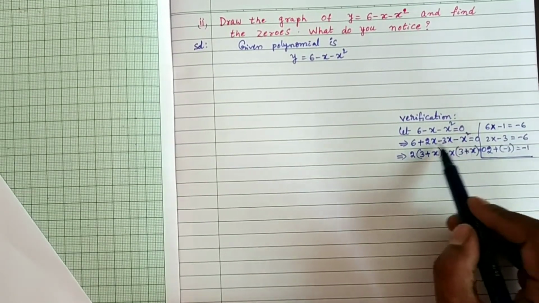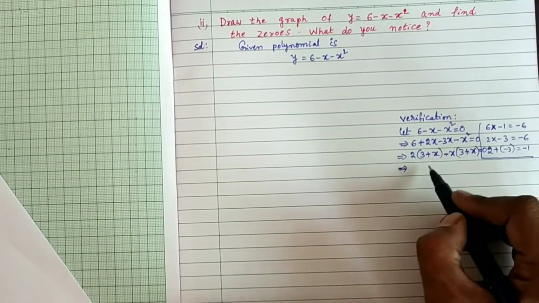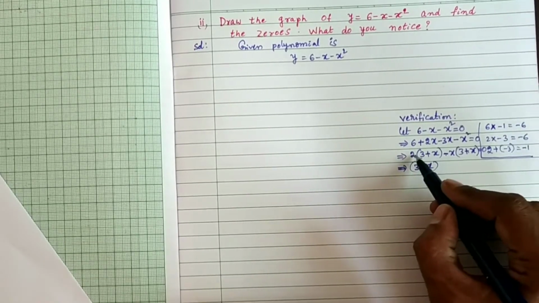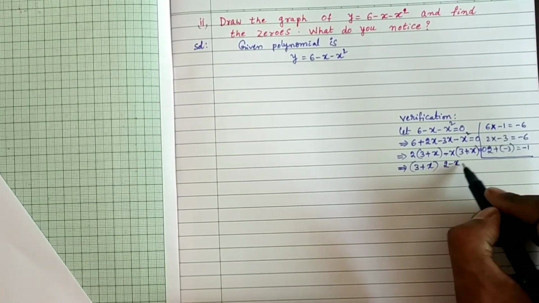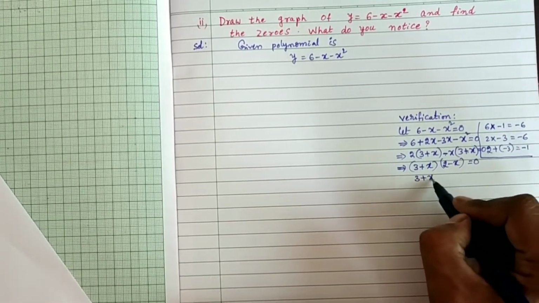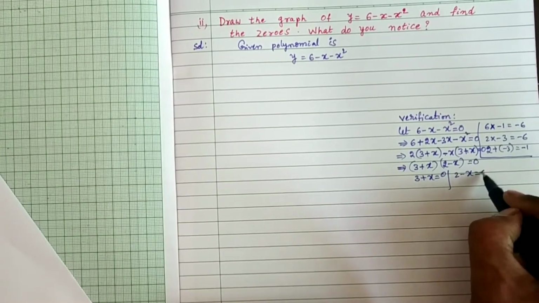So what we did is right in this step. The common term is 3 plus x and the remaining value is 2 minus x. So 3 plus x equals 0, and 2 minus x is also 0.